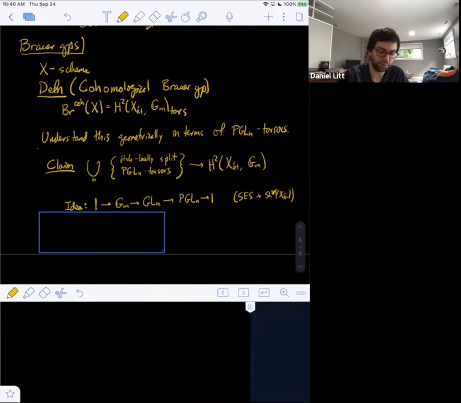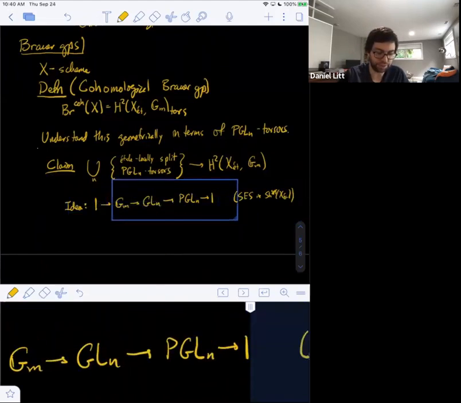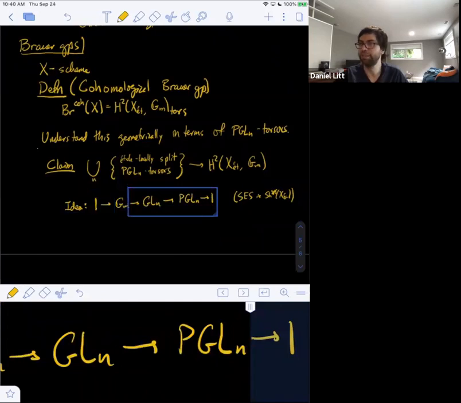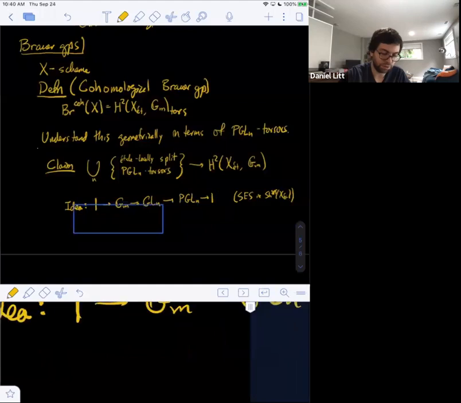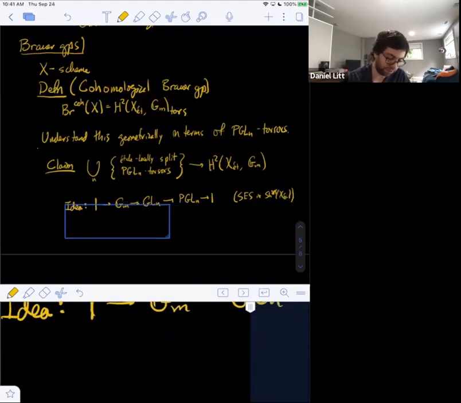So in particular, what I mean by that is it's not obvious a priori that this map from GLN to PGLN is a surjection of sheaves. So let me just say the reason. So this is right exact.